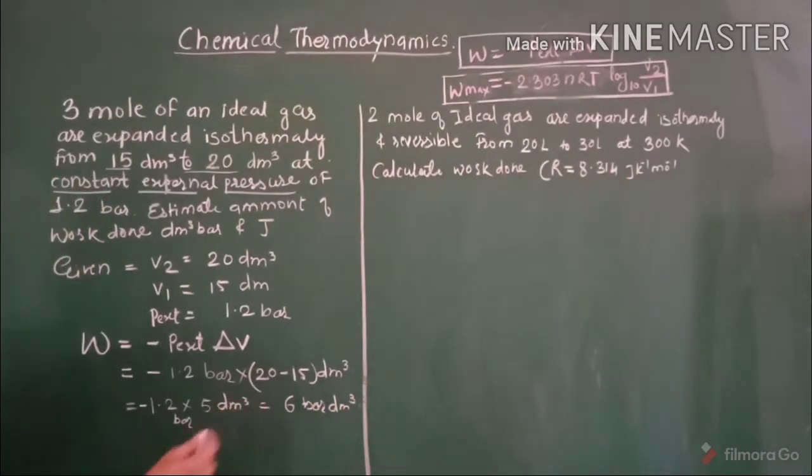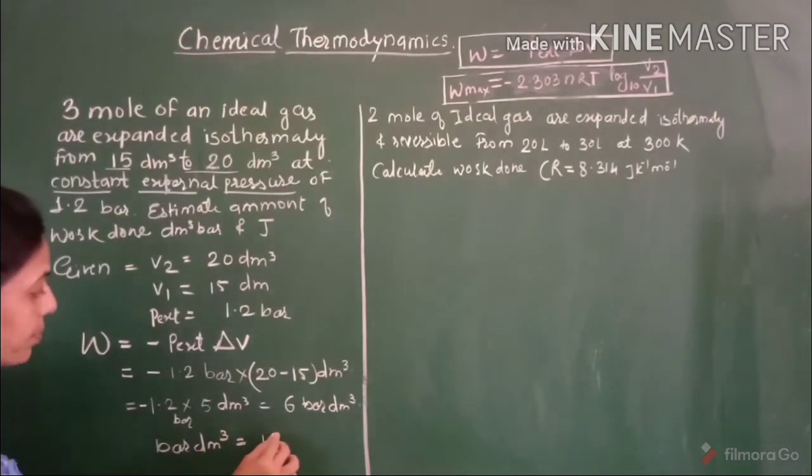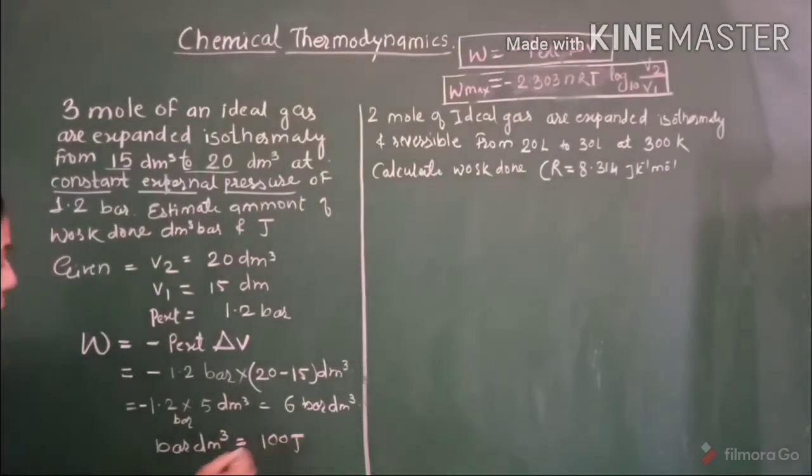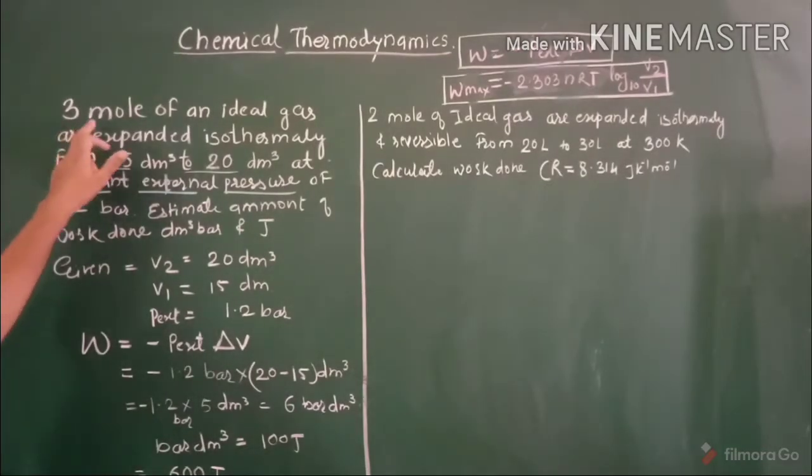Now for conversion into joule, you have to multiply bar dm cube by 100 to get joule. That means bar dm cube equals 100 joule. So in joule your answer becomes minus 600 joule. So simple. There is no use of these 3 mole.